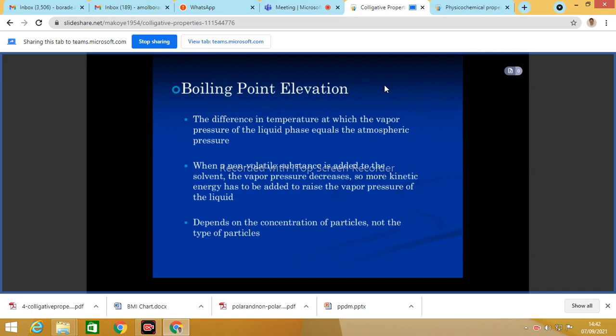So we came to know that at 101 degrees Celsius, with 10 molecules of sugar in our water, we got the boiling point. Now when another additional 10 molecules of sugar were added, the bulk got increased.